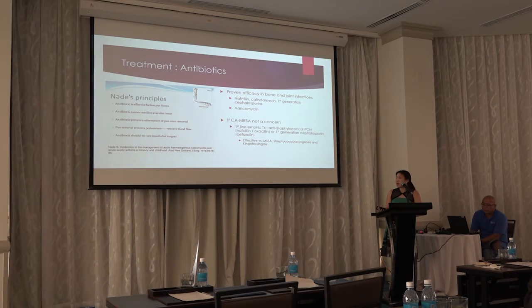The only downside is if you are treating with vancomycin, know that it doesn't cover Kingella. I haven't seen Kingella here, so maybe we're good. Maybe it's mostly gram-positives and your regular gram-negative organisms that we need to worry about for now.